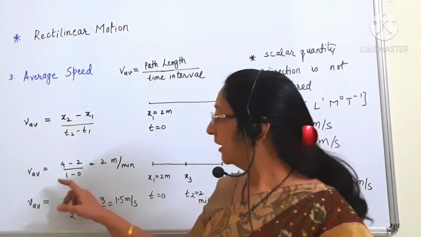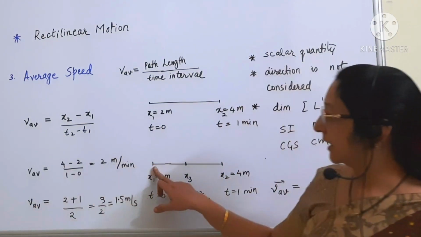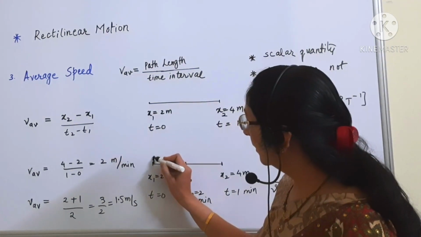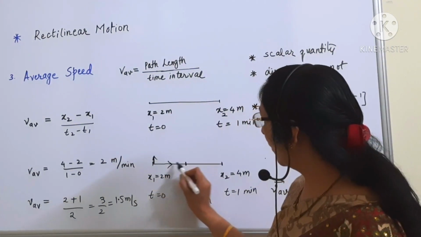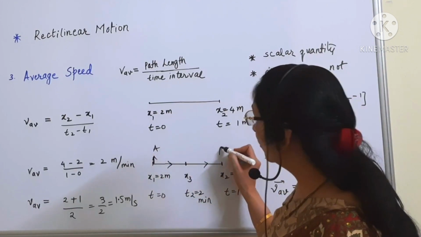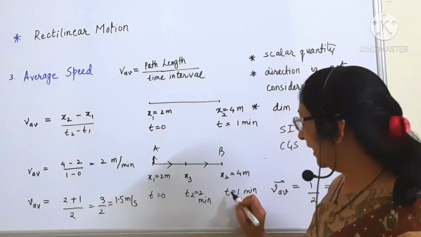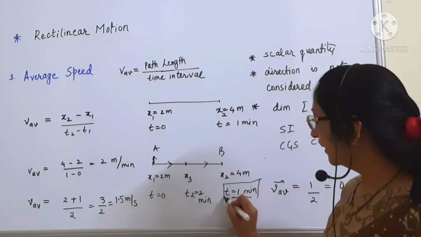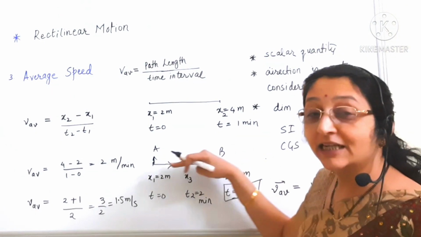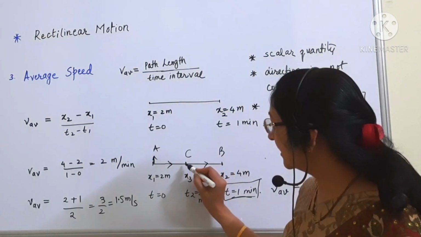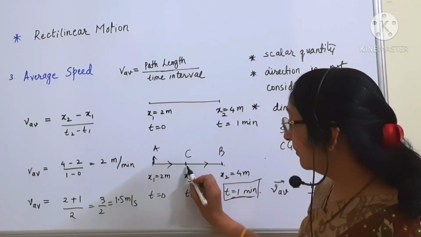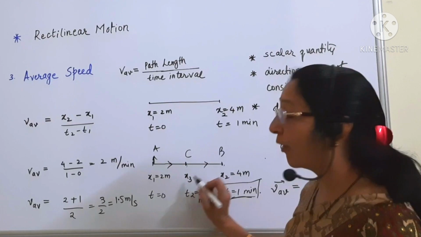One more thing. Now, supposing the particle is at point x1. It has travelled from x1 to x4, so it has come from point A to point B in 1 minute. And from B, again it has travelled in reverse. In the next 1 minute, it has come to point C, that is point x3.